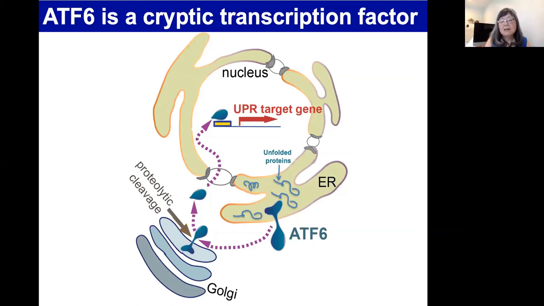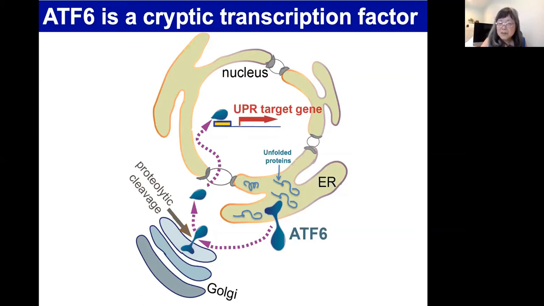Activated ATF6 then moves from the ER to the Golgi, where 2 proteases are waiting to cleave this protein within the transmembrane domain, releasing part of the protein into the cytoplasm as a soluble protein. This portion contains a transcription activation domain and a nuclear localization signal, so it goes into the nucleus and activates UPR target genes.